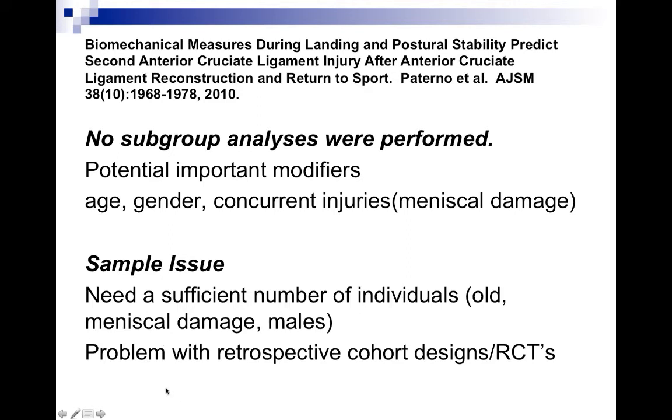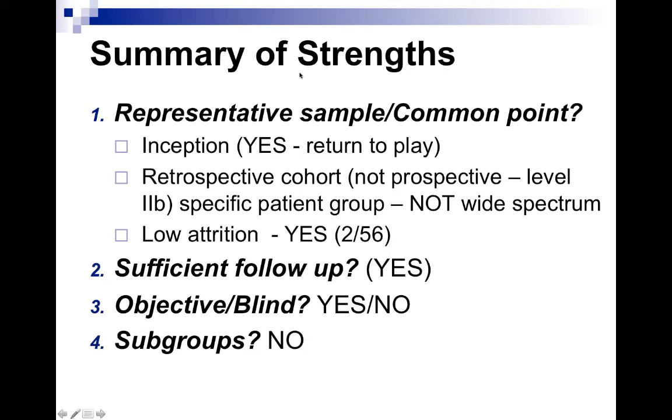So this is a typical problem with retrospective cohort designs, and one of the reasons why they're considered a level 2 instead of a level 1 type of study. So in summary, the strengths of the study are the representative sample with a common point, and it's true, there's an inception point that's very good, return to play. It's a retrospective cohort, and so the spectrum is not quite adequate for us in terms of applying it practically in the clinic, but there was extremely low attrition.